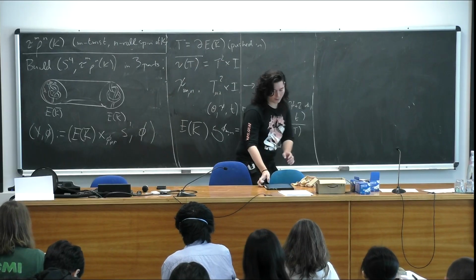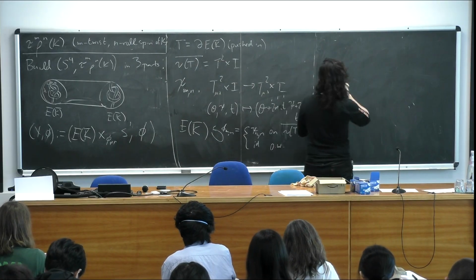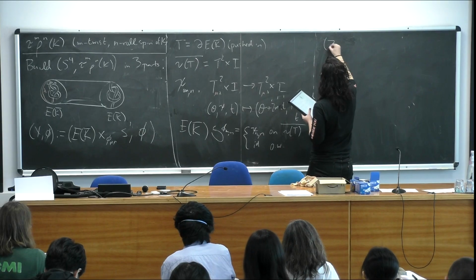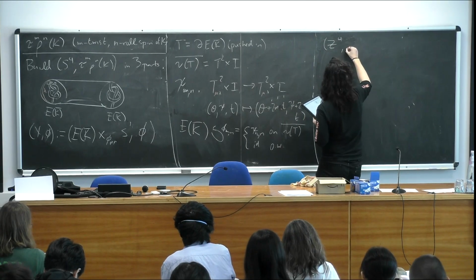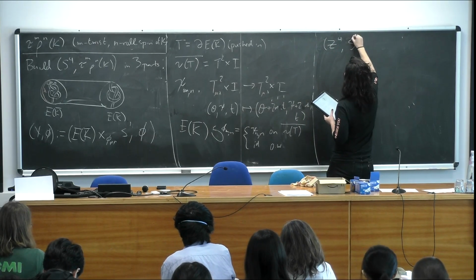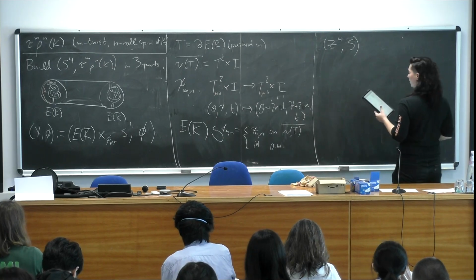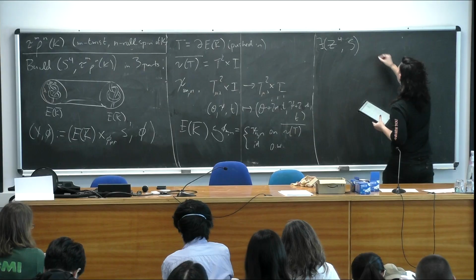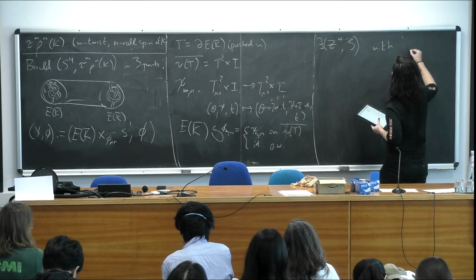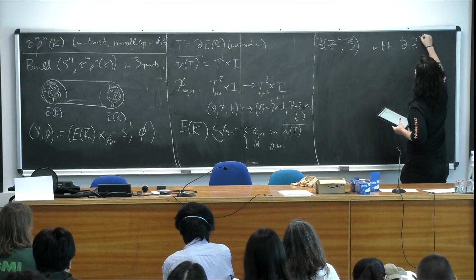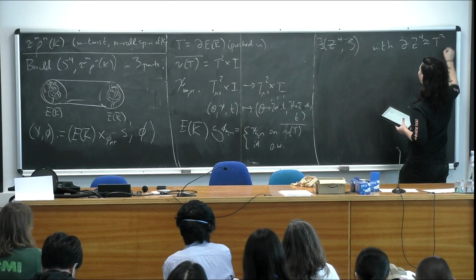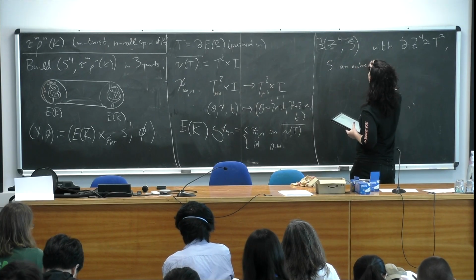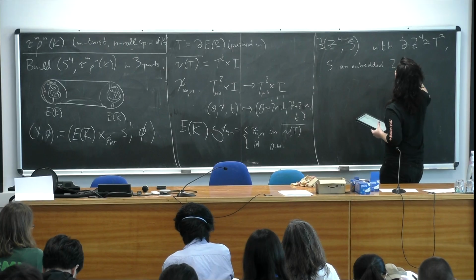And I'll just say there's a canonical pair, Z4 and S, with the boundary of Z4 homeomorphic to T3, and then S is an embedded two-sphere.